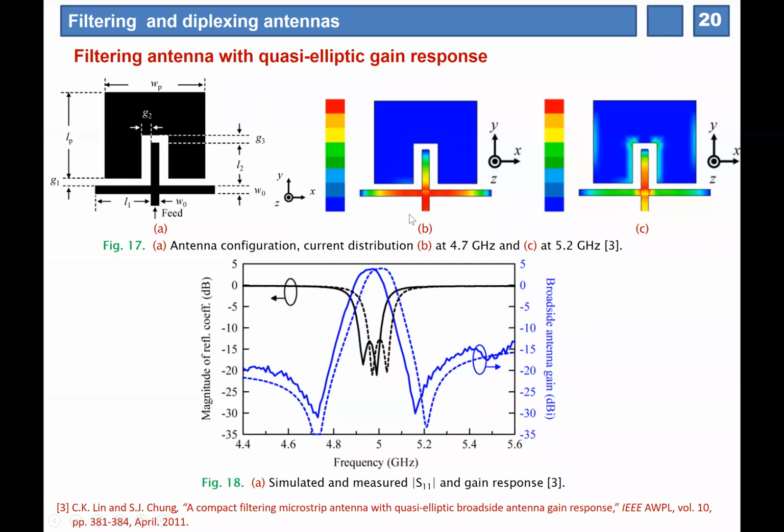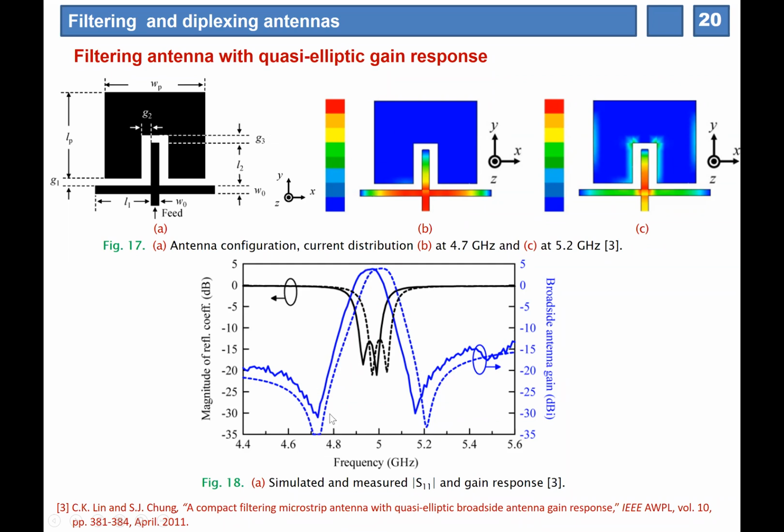So here two resonances are coming due to this structure associated with the feeding line and the patch. So two dips are there, but you will not get any radiation at 4.7 and 5.2. The radiation is suddenly falling, and the sharp transition of radiation fall is similar to an elliptic response.